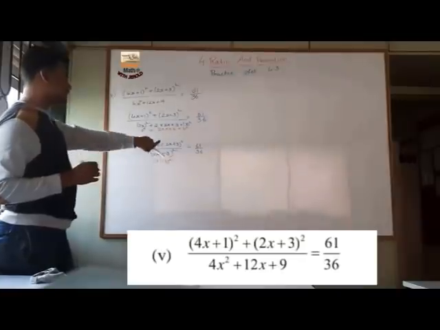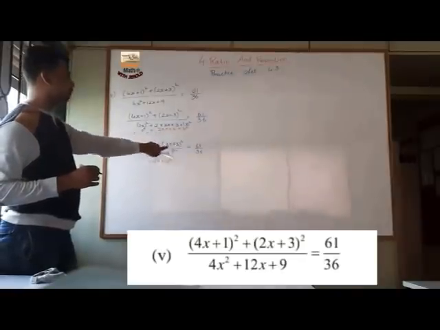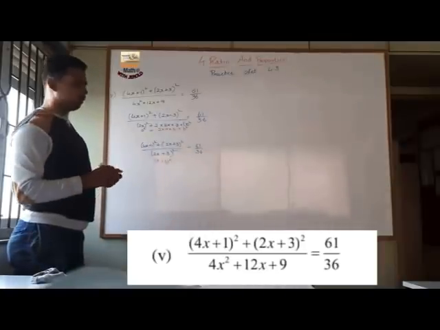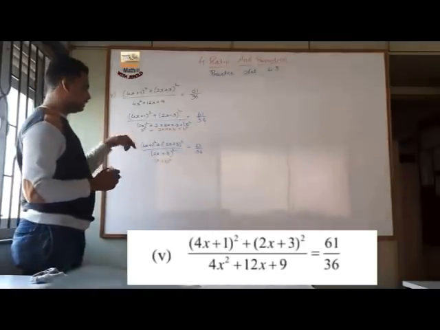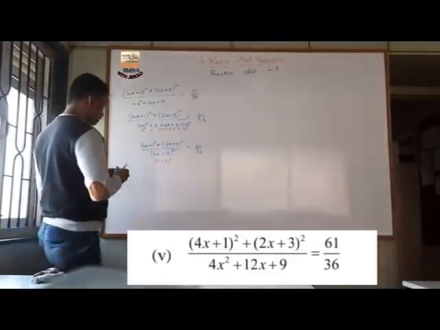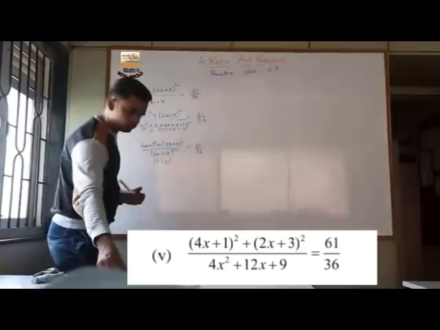Now the numerator is a sum, while the denominator is a single term, so we will have to convert this into a single term, and for that we will do the exact opposite of componendo, that is dividendo.